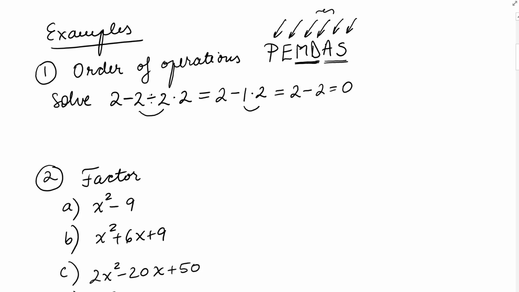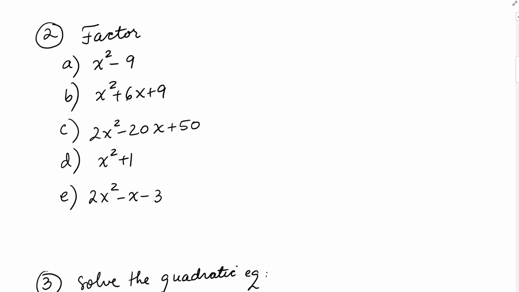Order of operations has to be followed because it shows up in problems that even contain letters. So let's take a look at factoring. I chose here 5 problems, and the most common one that shows up in almost every class when I teach calculus is x squared minus 9, or in general x squared minus y squared.